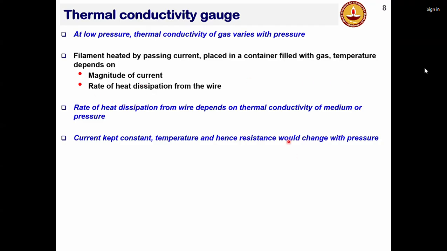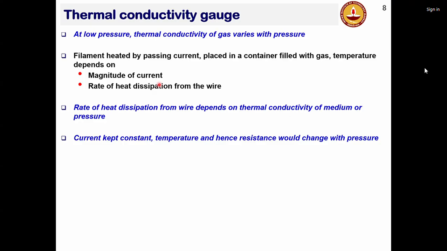As we will see subsequently in the construction, these gauges typically have a filament which is heated by passing electrical current through it, and it is placed in a container filled with the gas whose pressure we want to measure.